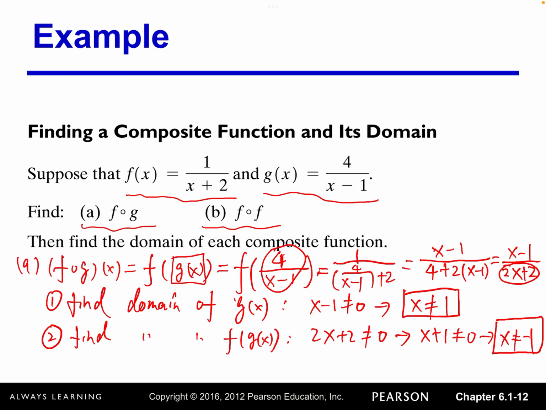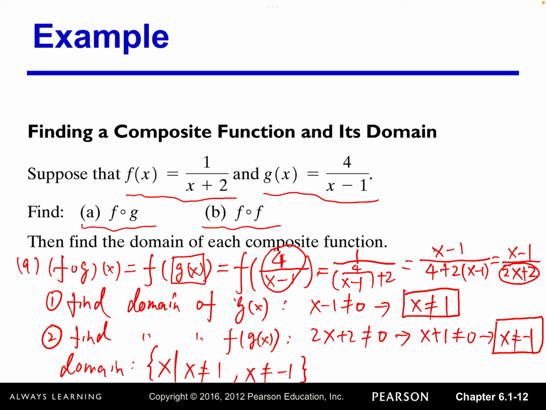This restriction comes from the composite function, and then we put the domains together. For the composite function, we need to combine both restrictions: the independent variable is x, x cannot equal positive 1, and x cannot equal -1. There are two values.